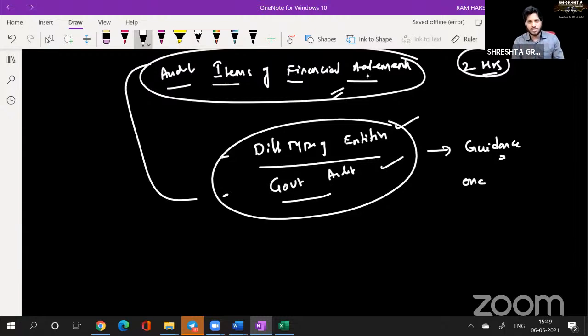For these 2 chapters I'm giving guidance and of course strategy also. In the regular batch also, I do the same. For items of financials, different types of entities, and government audit, I only provide guidance, because even if I do a line by line explanation, you are going to gain nothing unless you read them on your own.